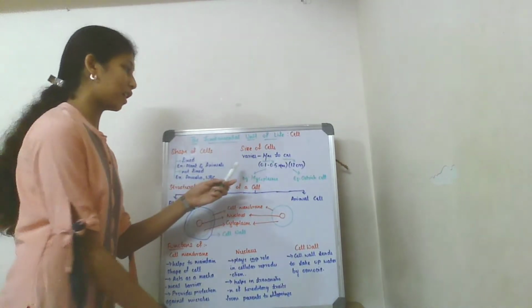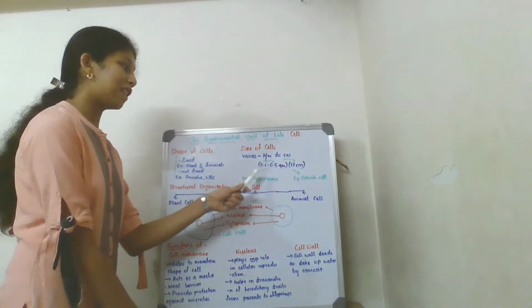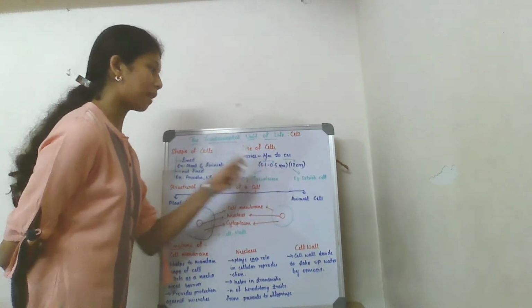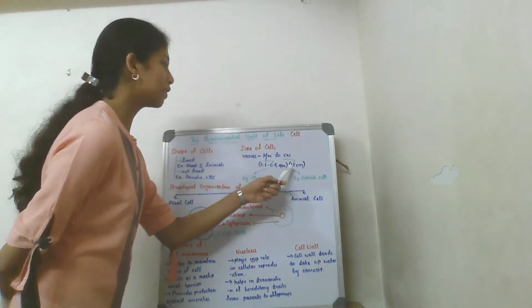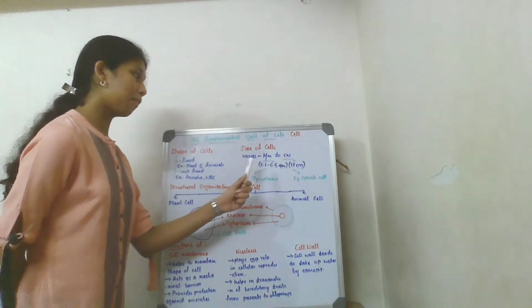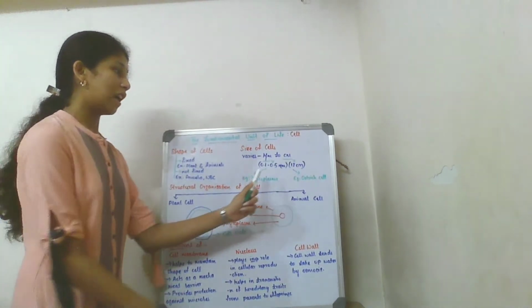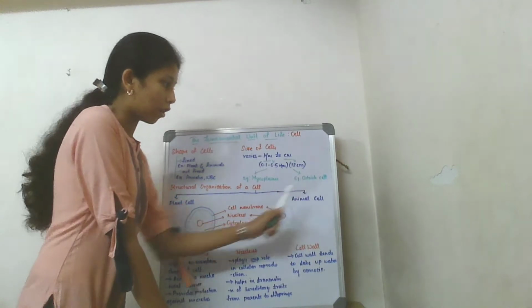The size of cells varies from micrometer to centimeter. The smallest cell is 0.1 to 0.5 micrometer, and the largest cell is 18 centimeter. An example of 0.1 to 0.5 micrometer is mycoplasma, and an example of the largest cell of 18 centimeter is the ostrich egg cell.